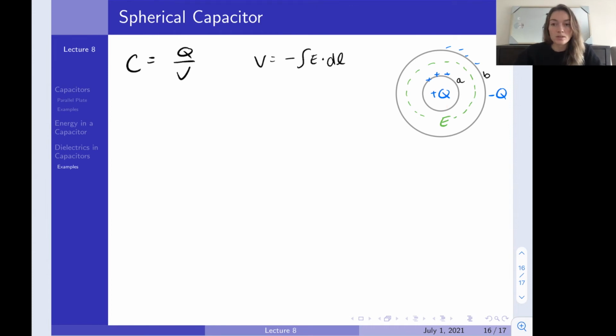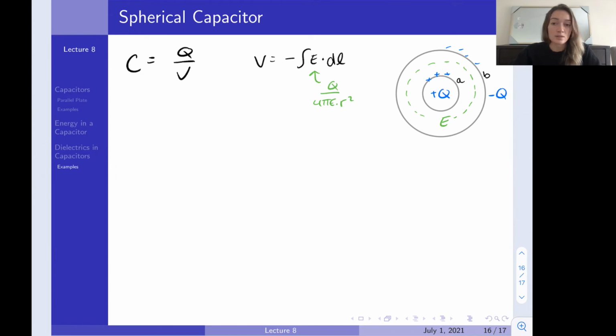The electric field of a point charge is just Q over 4 pi epsilon r squared, in the r hat direction since this is a positive Q. And this sphere out here won't contribute to the electric field in here since it's outside my Gaussian surface.